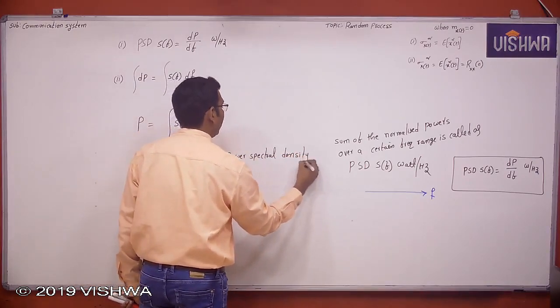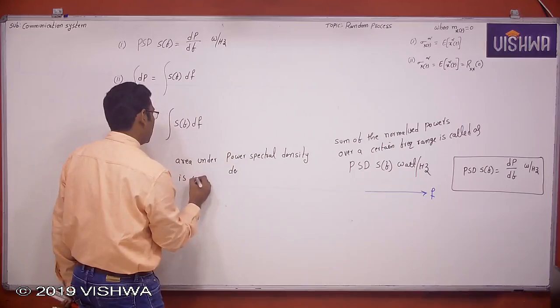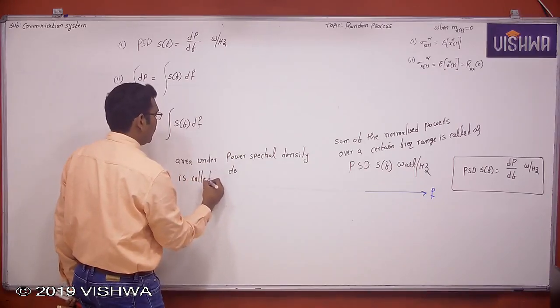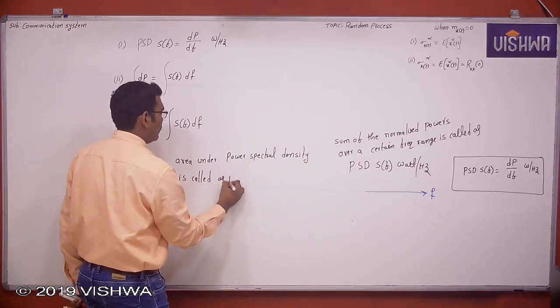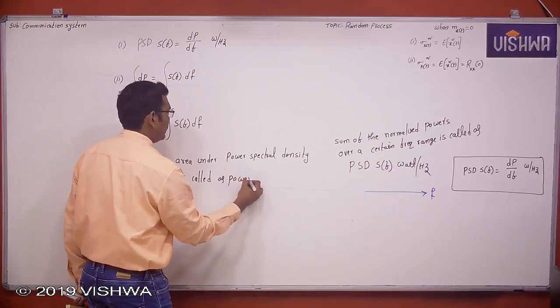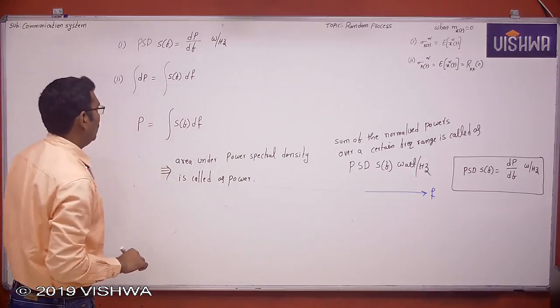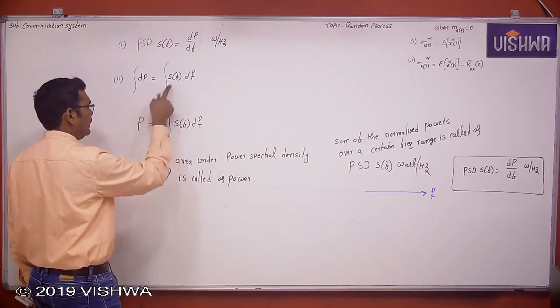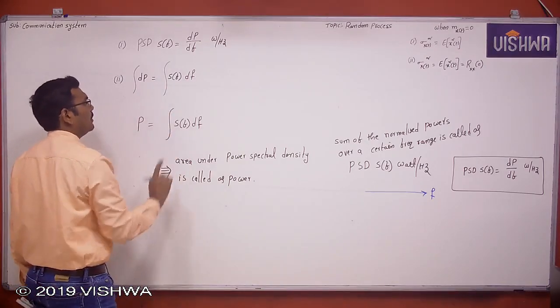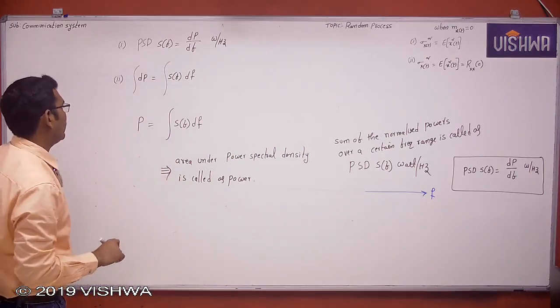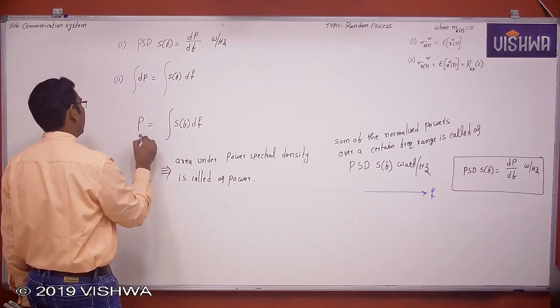Area under power spectral density is called power. If you want the power, integrate the power spectral density.